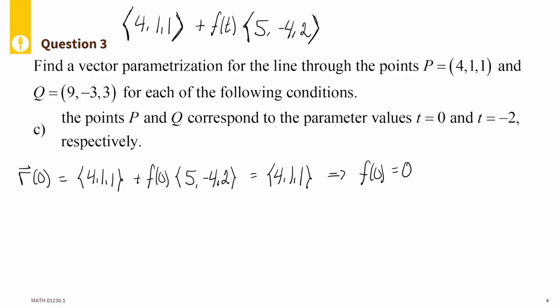F of 0 has to be 0, so we're going to say f of t is just some number times t. But now r of -2 is the second condition.